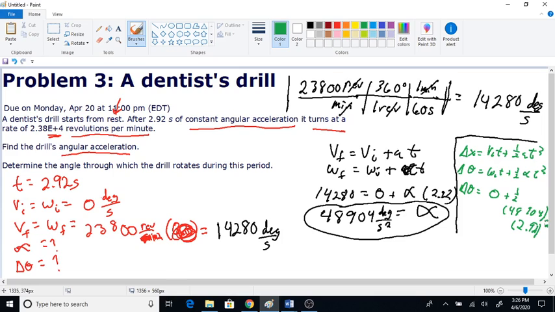So delta theta is 1/2 your previous answer times your time squared, and I get a delta theta of 20,848.8 degrees. When I put that in, I had to round it to 20,850 degrees, and then it spit it out in radians, which is no big deal, but that's what I had to round it to in order to get it to accept.